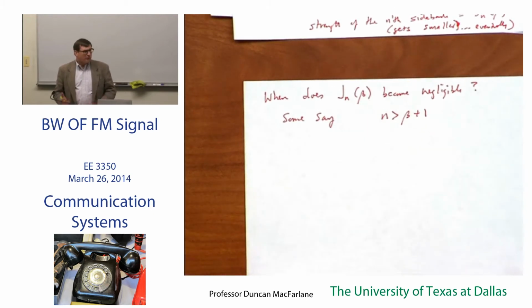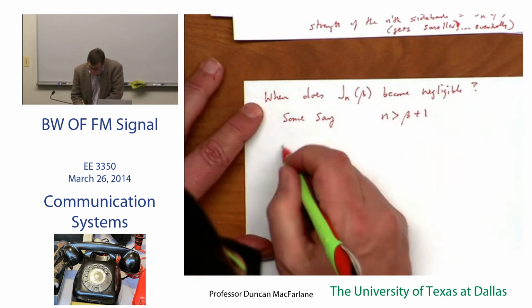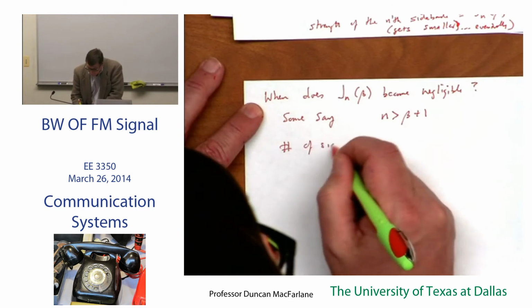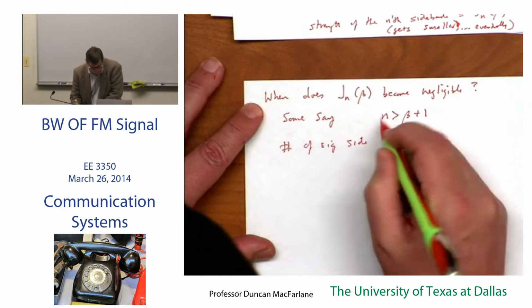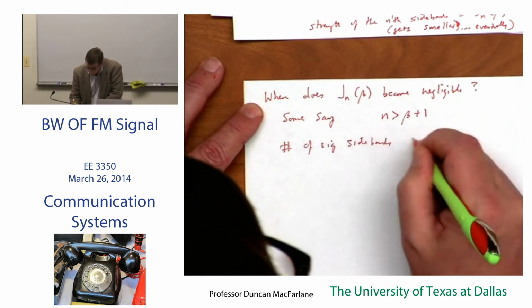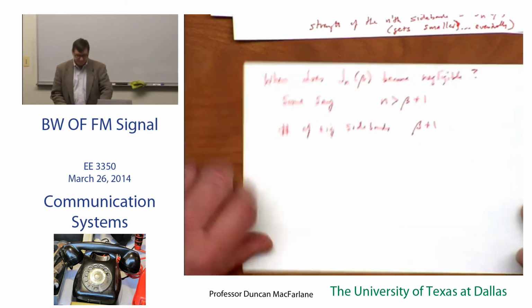So people who work with Bessel functions would say that for n greater than beta plus 1, Jn of beta becomes negligible. So the number of significant sidebands is beta plus 1.